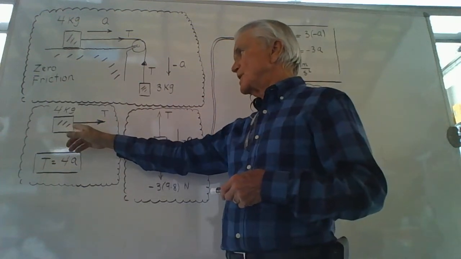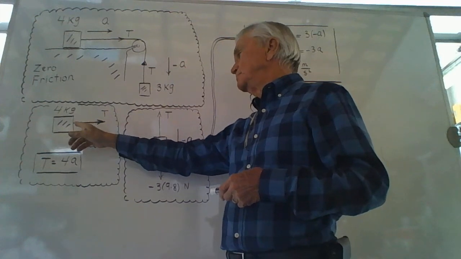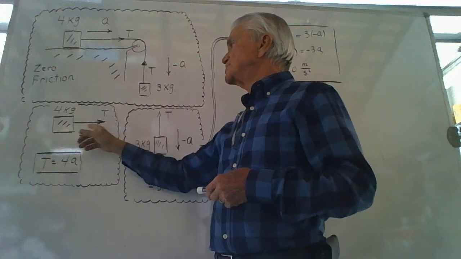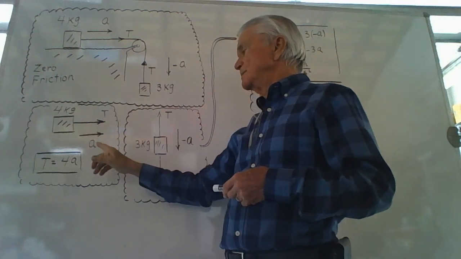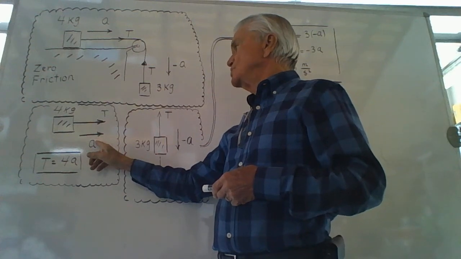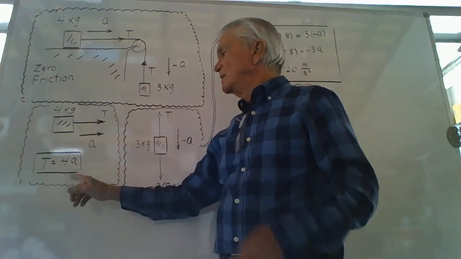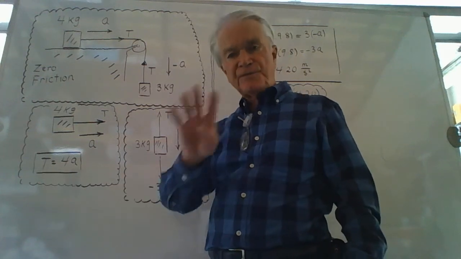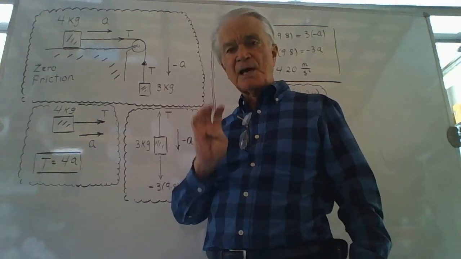There's your isolation diagram. The only force that causes motion of the 4 kilogram object is a tension force acting to the right. There will be an acceleration A unknown, a tension T unknown. The boxed equation is Newton's second law applied to the 4 kilogram object. F equals ma.